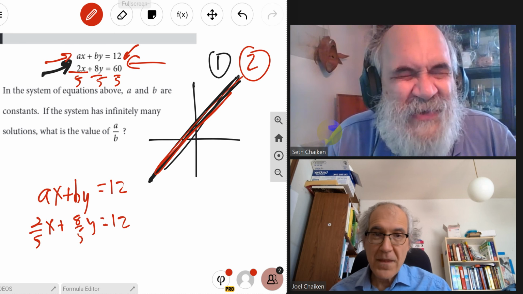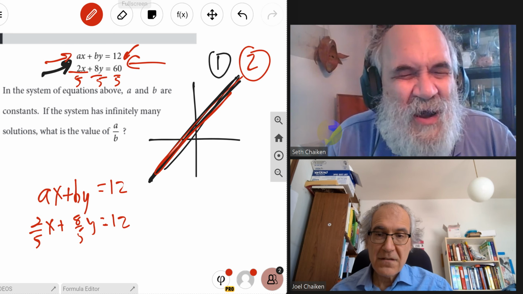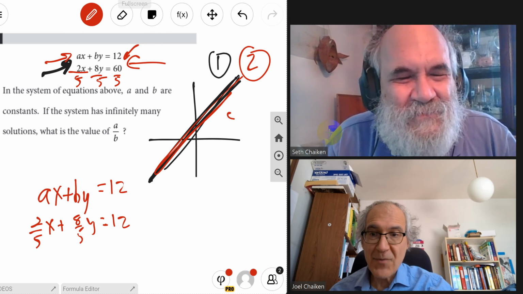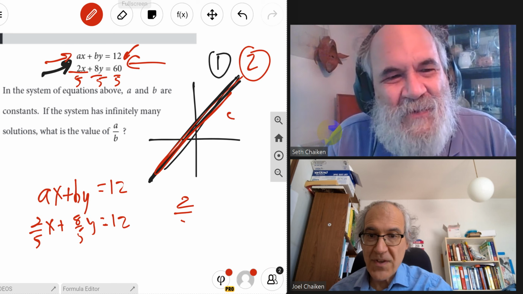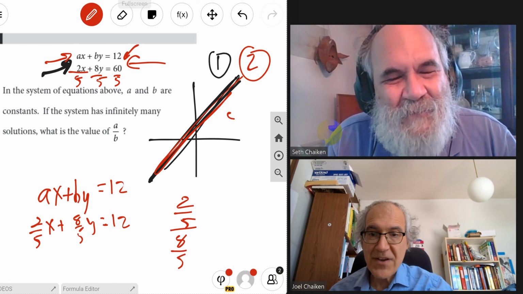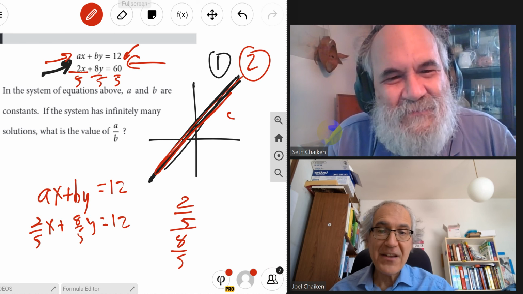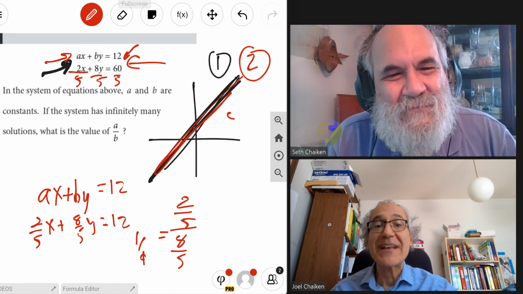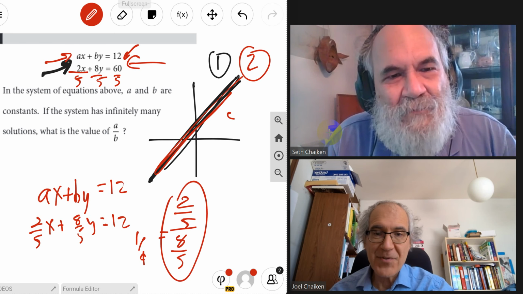If they were the same equation, yes, A would be 2/5. So I'm going to take a chance doing this, and it'd be interesting to see if Seth would have done it the same way. I'll go 2/5 over 8/5, where it's helpful to know this is equal to a quarter. To do it a little slower, you should know how to deal with complex fractions, which are fractions on top of other fractions.